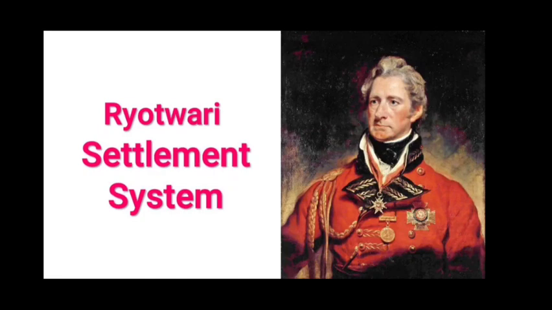Under this settlement, what happened was they had to collect revenue, same like the Mahalwari and the permanent settlement. They had to collect revenue directly from the peasants. There was no second person, there was no zamindar, or no mahal or village headman, but here the peasant has to do the thing.